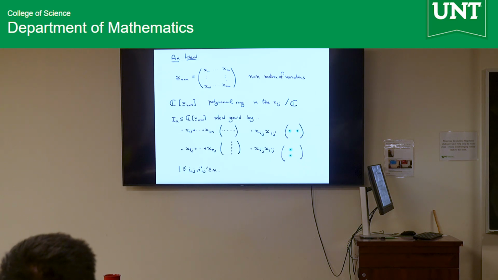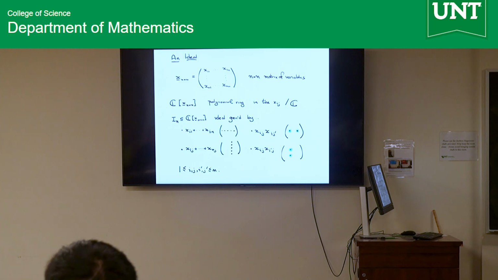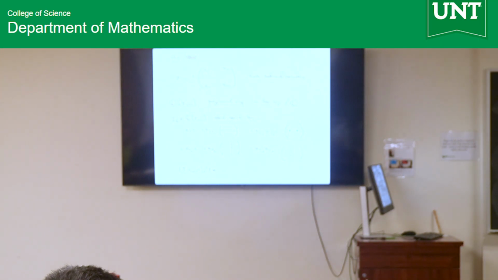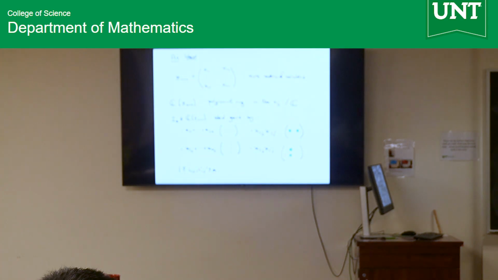Next, we're going to have an ideal I sub n living inside this polynomial ring, and I sub n will be generated by 4 kinds of generators.